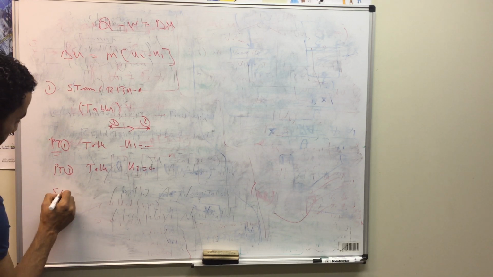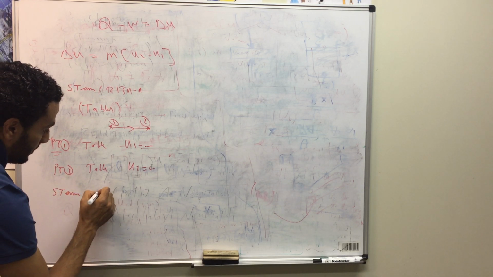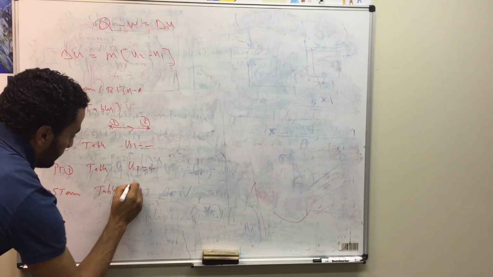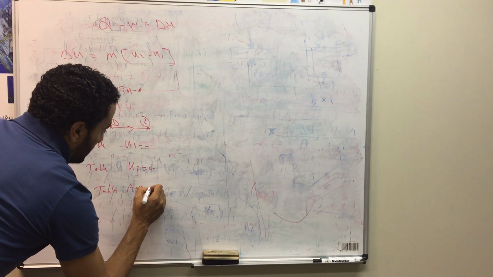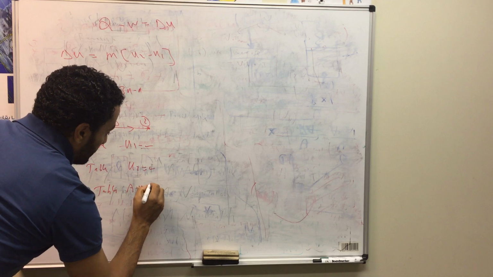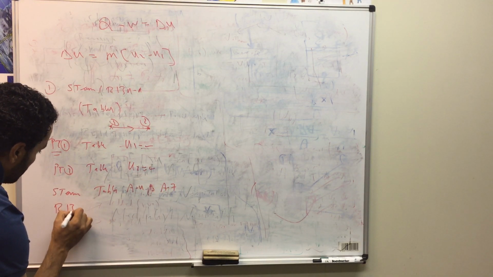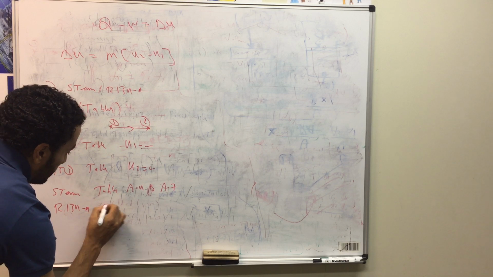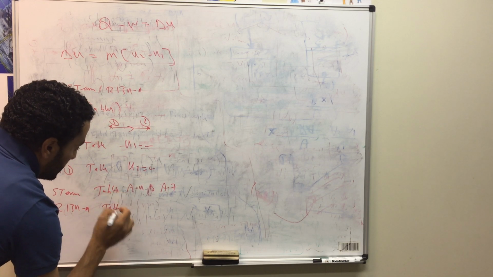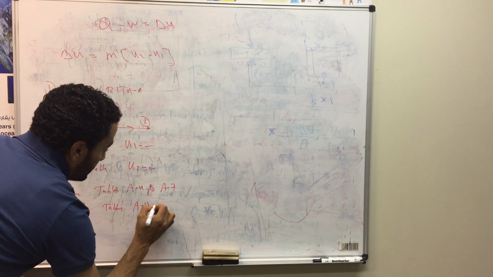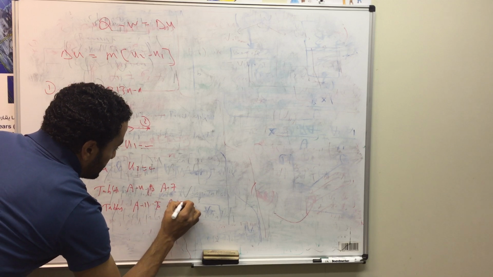If it is steam, we can use tables from table A4 up to table A7, and if it is refrigerant 134a, you can use tables from A11 up to table A13.